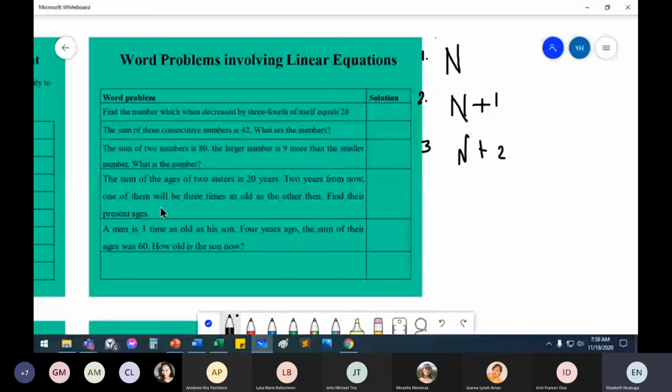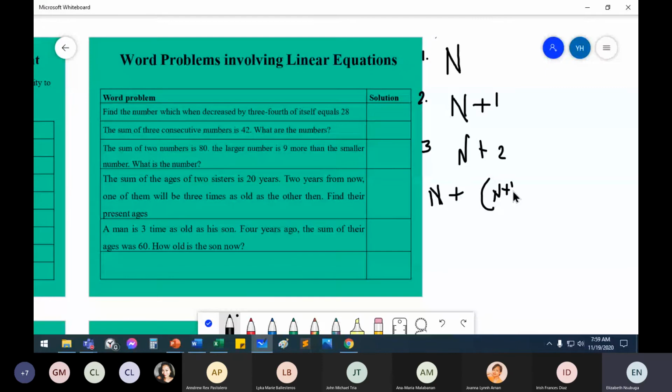Therefore, I'm going to use my numbers: n plus n plus 1 plus n plus 2 equals 42. The moment you have this, students, bingo, you're done.